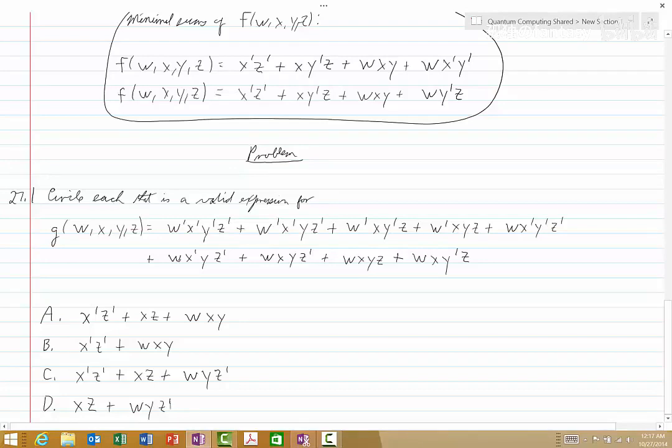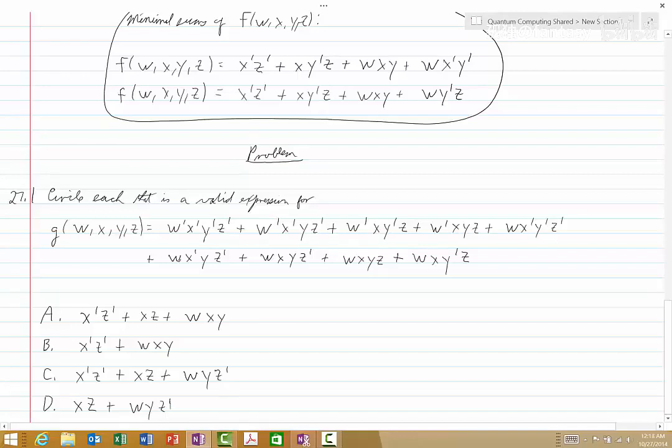And I'll just read all this to make sure the writing is clear. So we have G of W x y z is equal to W prime x prime y prime z prime, or W prime x prime y z prime, or W prime x y prime z, or W prime x y z, or W x prime y prime z prime, or W x prime y z prime, or wxy z prime, or wxyz, or wxy prime z.